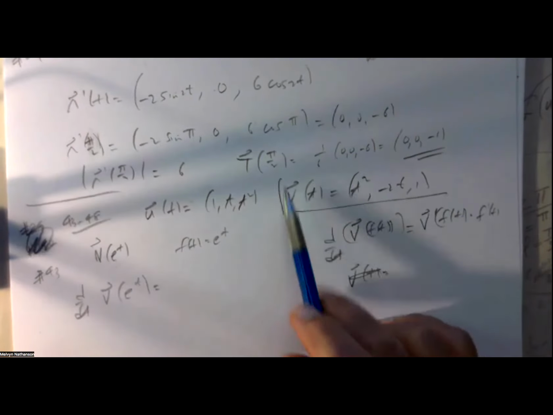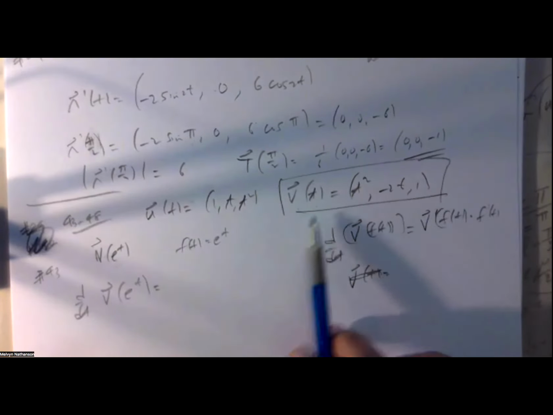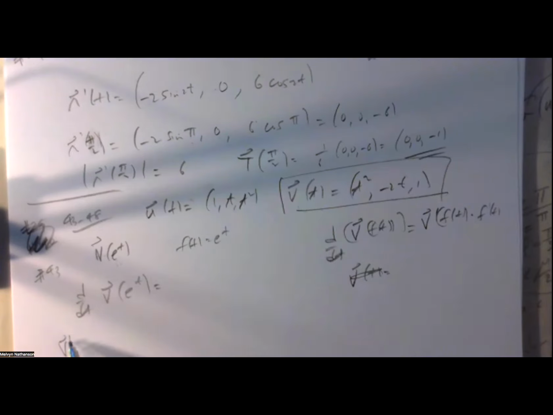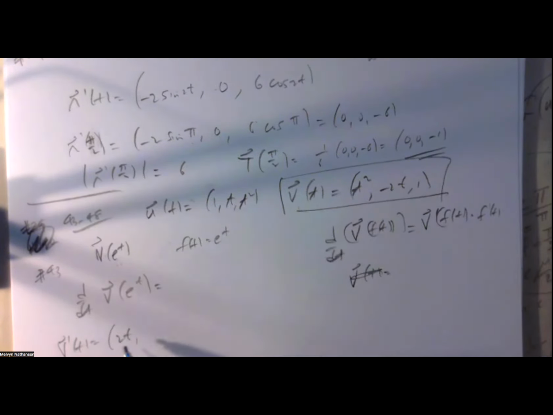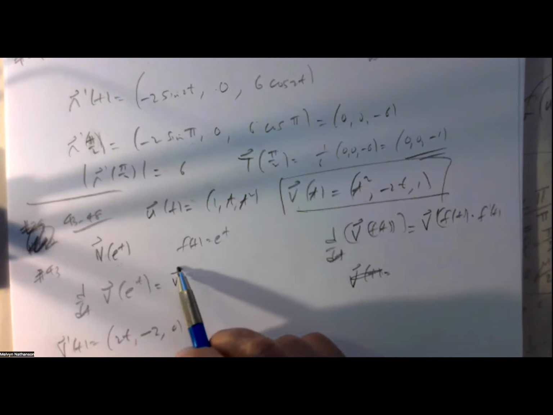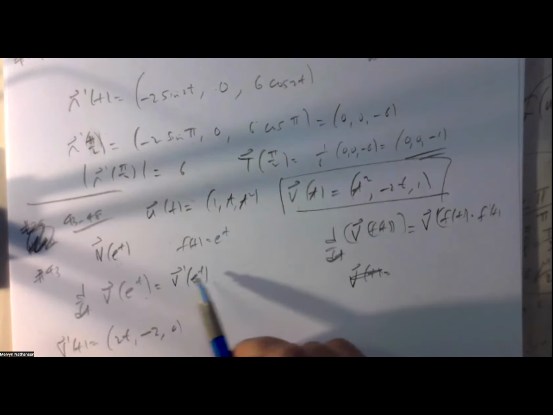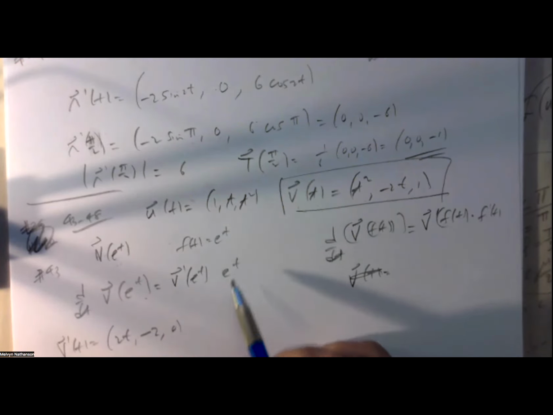So this is my function v. So v prime of t, we differentiate term by term, we get 2t minus 2, 0. So if we evaluate this at e to the t, this is v prime of e to the t times the derivative of e to the t, which is e to the t.